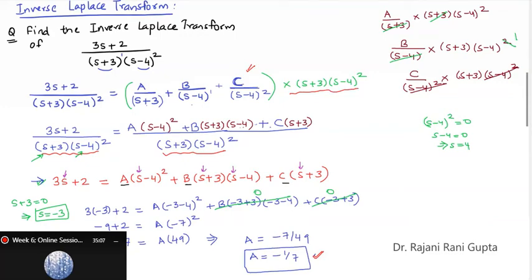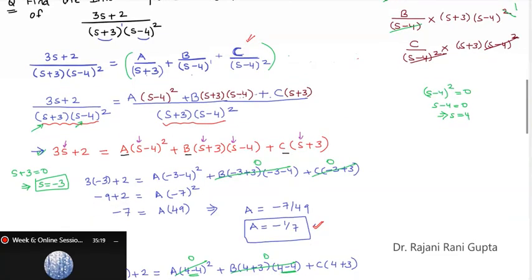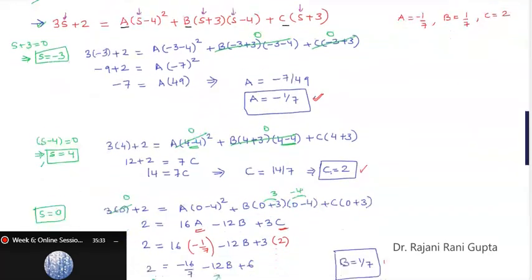So better if I remove this here, because that is for the explanation purpose only, to avoid any confusion. So first let me write down what we have. A is minus 1 over 7, B is plus 1 over 7 and C is 2, right?